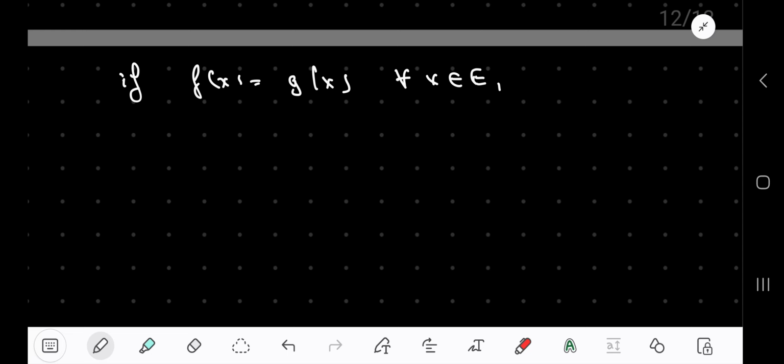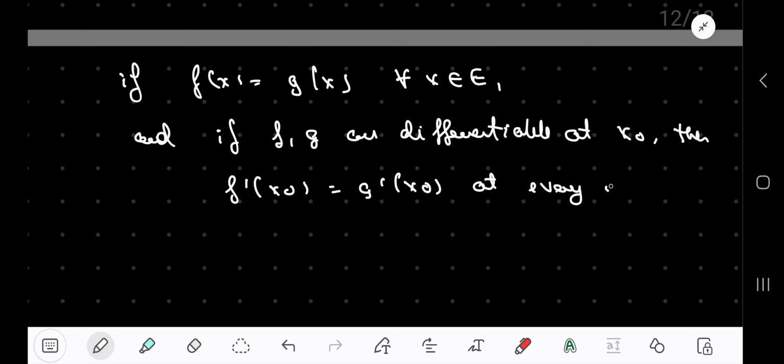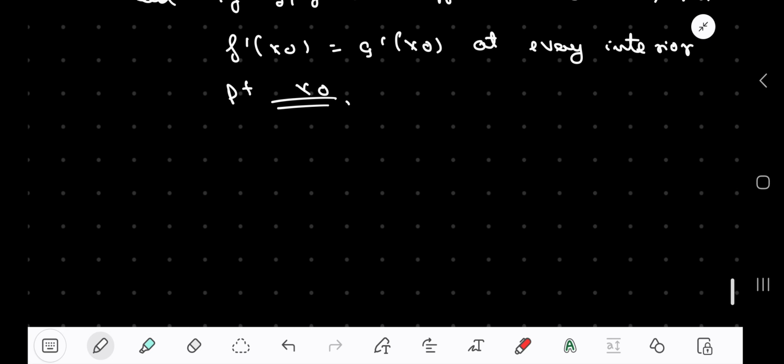So if f and g are differentiable at x naught, then their derivatives are equal at every interior point x naught. This need not be true at boundary points.